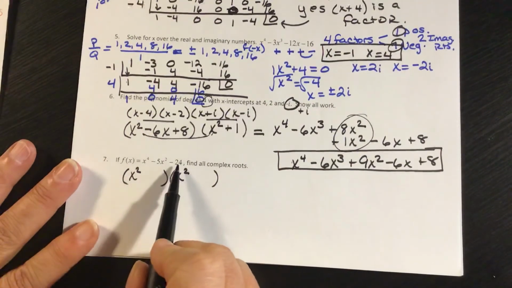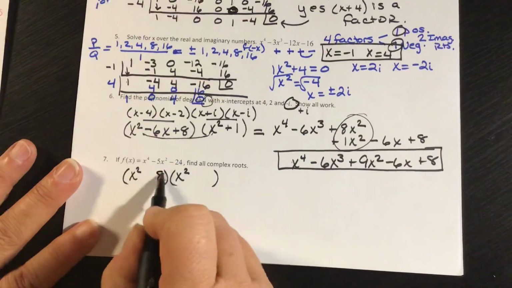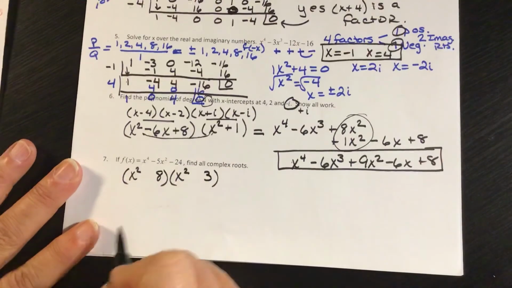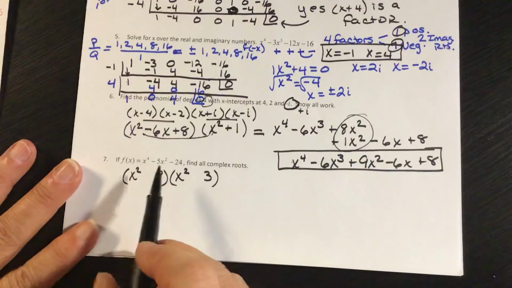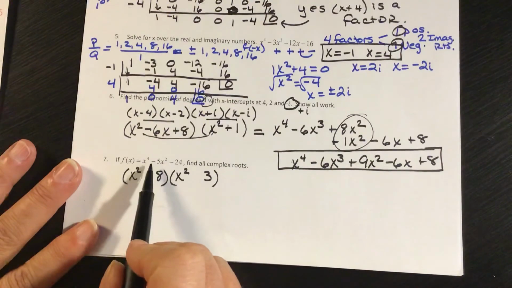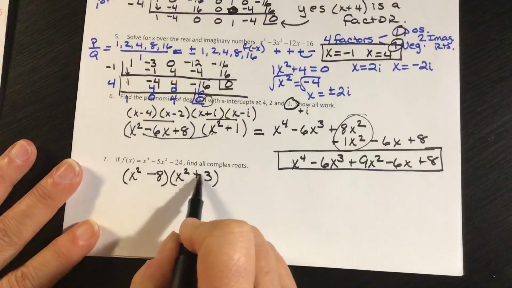Now I'm thinking of numbers that multiply to be 24, subtract to be 5, and that would be 8 times 3. I know one of them has to be positive and one of them has to be negative, and because I have a negative as my middle term, the bigger number has to be negative.